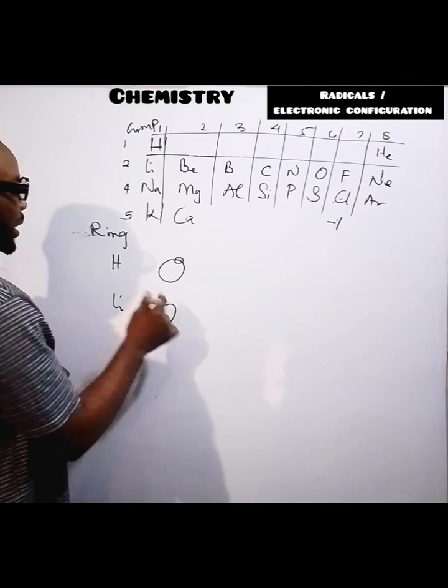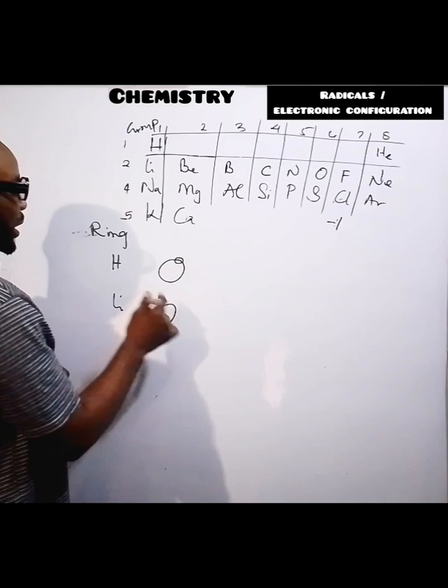Next is 2s, followed by 2p, followed by 3s, followed by 3p, followed by 4s, followed by 3d, followed by 4p, followed by 5s, followed by 4d, 5p, 6s. So let's stop it there.